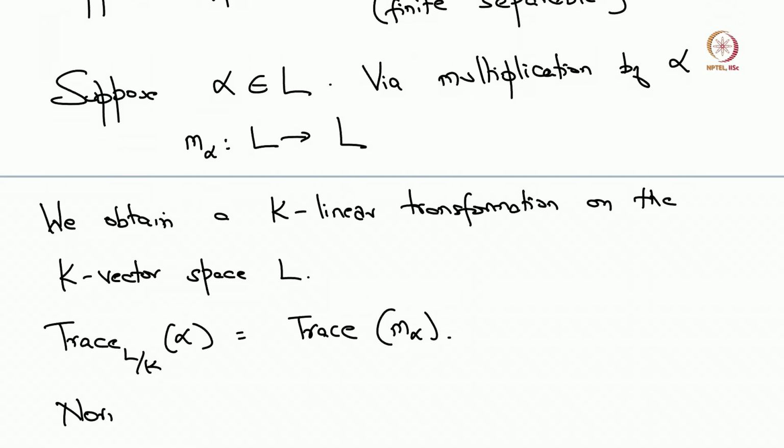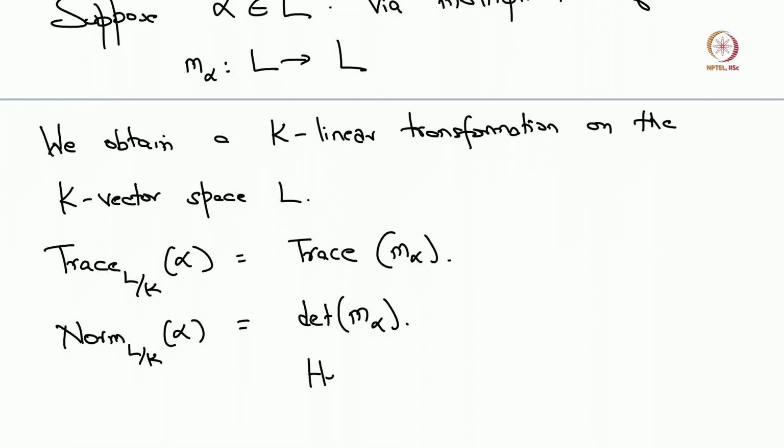The norm of this element alpha from L to K, you look at the linear transformation and you take its determinant. Okay, so here when I say trace and determinant, I'm considering the trace and determinant of this K linear transformation M alpha.